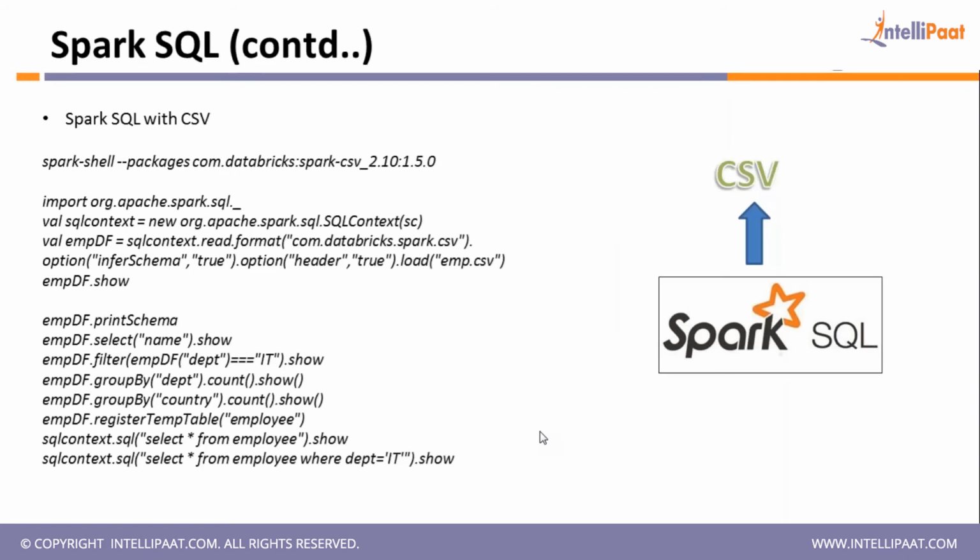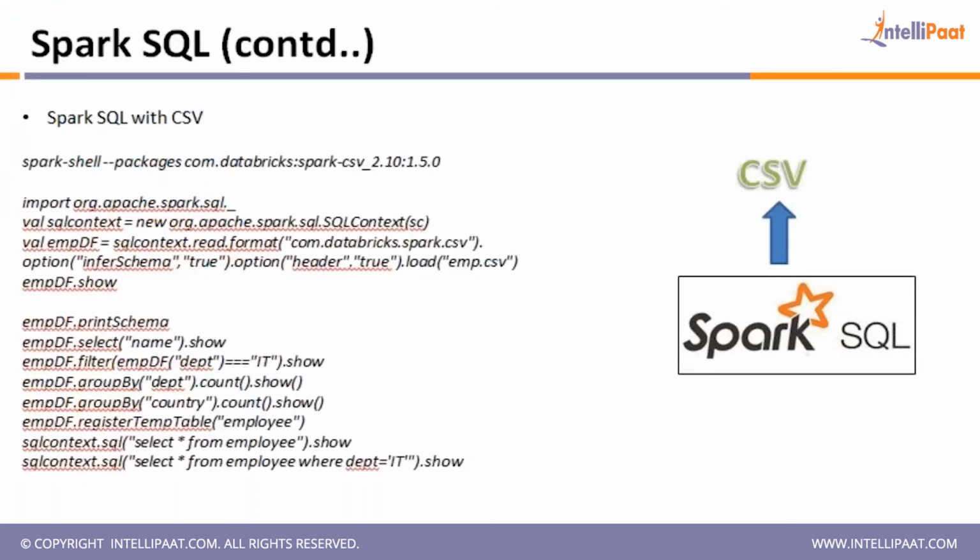Let me show you a few examples. So let's get into the action now. First of all, I'll show you how I can process the data coming from CSV using Spark SQL, and then in a later exercise I'll show you how we can connect Spark SQL with a NoSQL database like Cassandra.